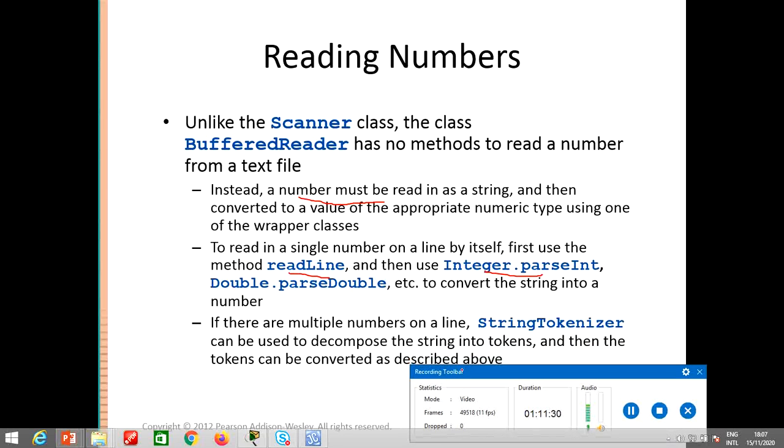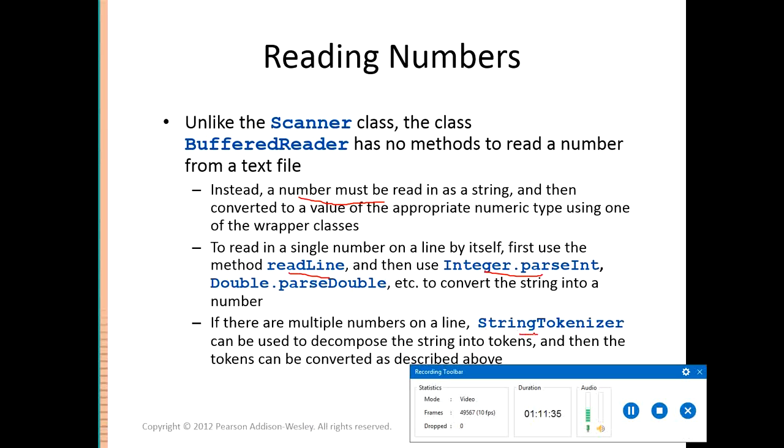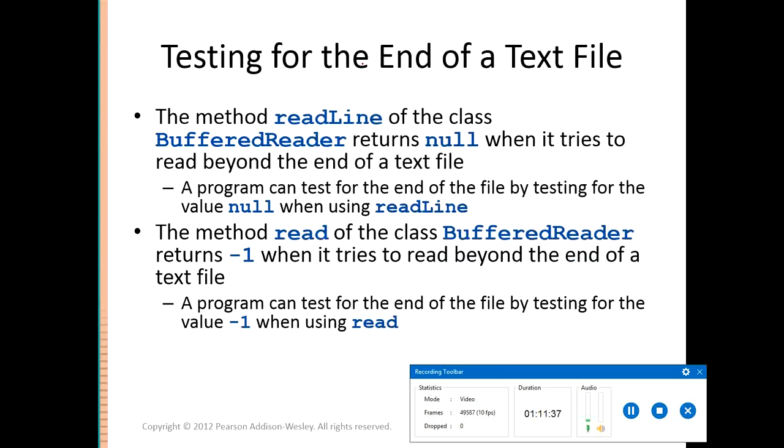And if there are multiple numbers on a line, then you can use the StringTokenizer class. readLine of the BufferedReader class returns null when it tries to read beyond the last line. So a program can test for the end of the file by testing for the value null. The read method will return -1 when it tries to go beyond the end of the file.